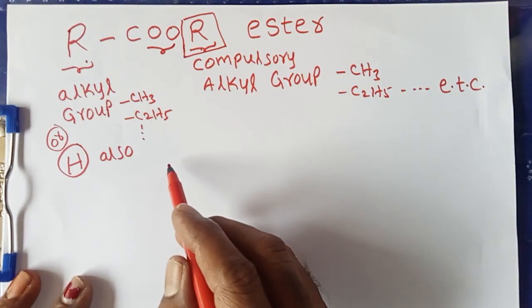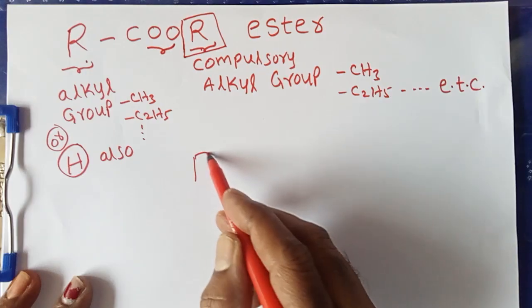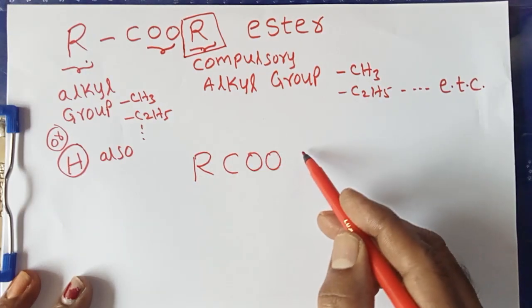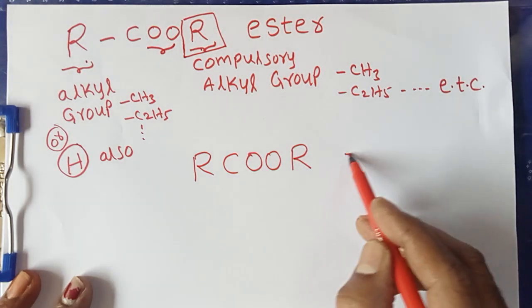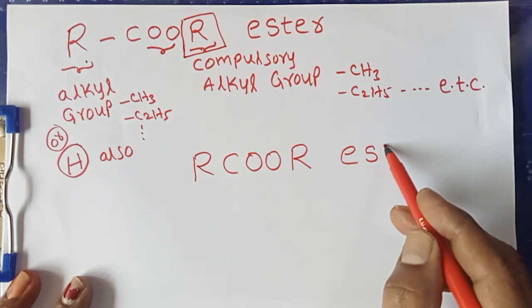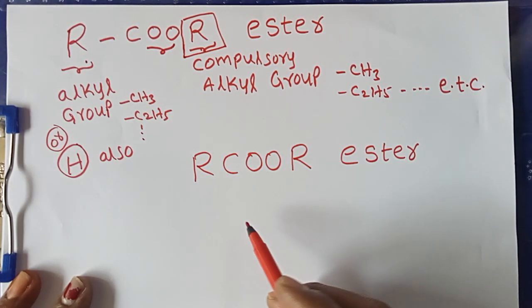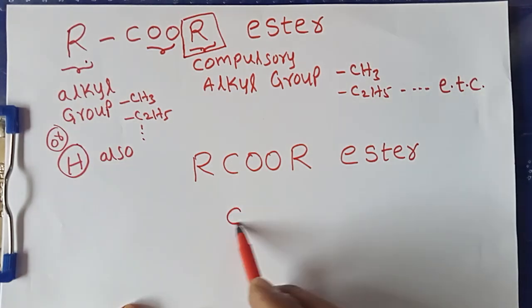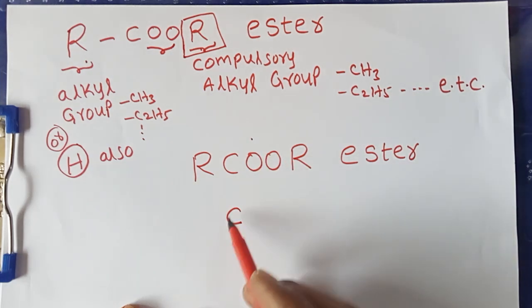For example, I wrote here again RCOOR. This functional group name is ester. Both pronunciations are correct. Now its structure: first you write down C. These two oxygens are very important, star mark.